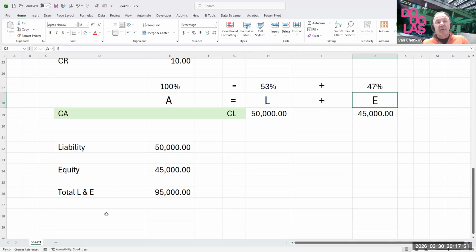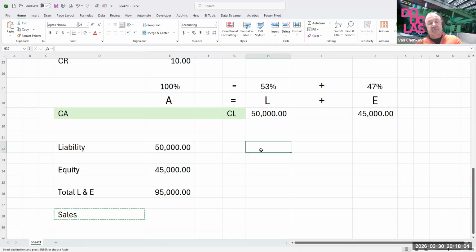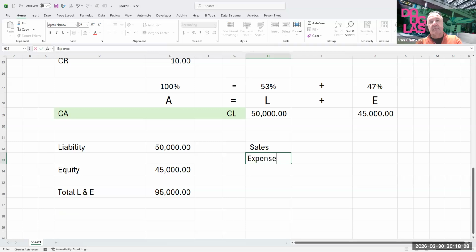Now, my operating income for the period, let's say I have sales, expenses, and interest expense.